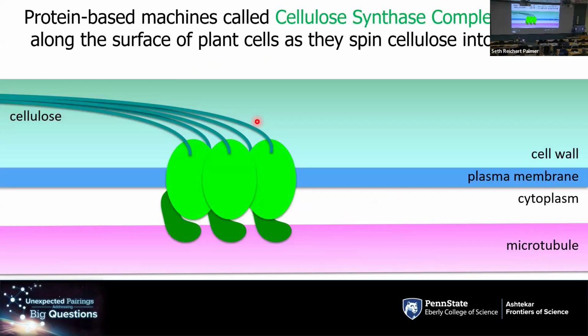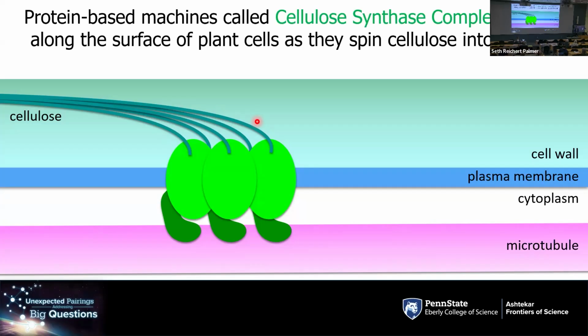One of the things that we do in my lab is we like to watch plants actually assemble their cell walls in real time. And I'll introduce one of the really important protein-based machines that makes a component of the cell wall called cellulose. This protein-based machine is called the cellulose synthase complex, and it moves along the surface of plant cells through what's called the plasma membrane and spins cellulose into the wall in a way that's somewhat analogous to a spider spinning silk.